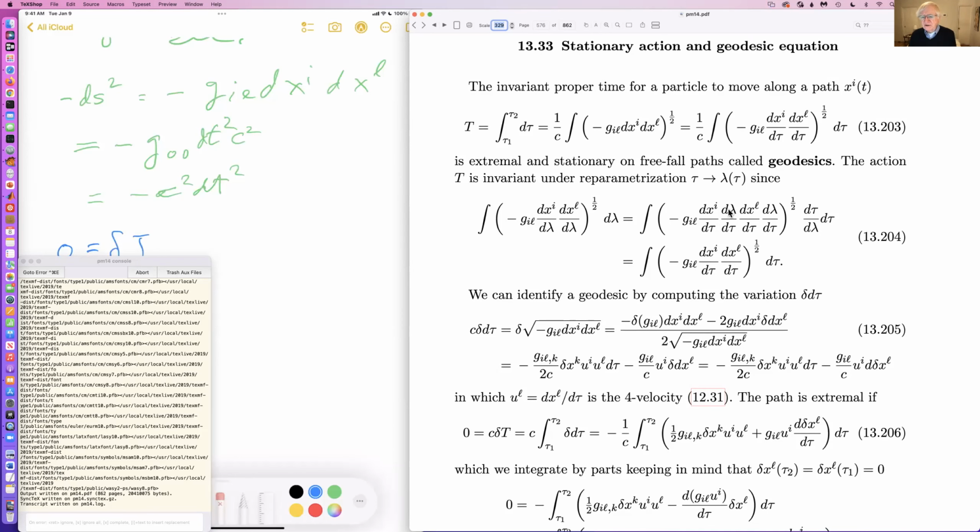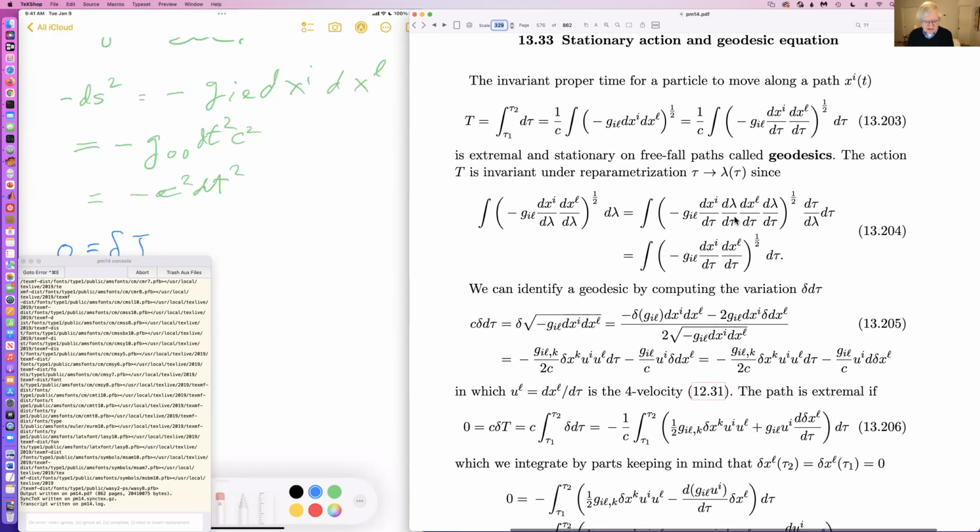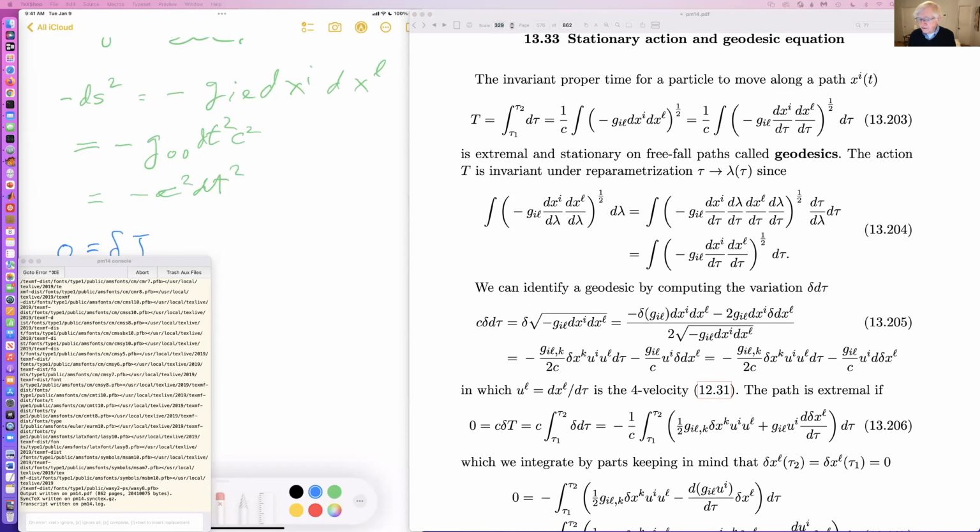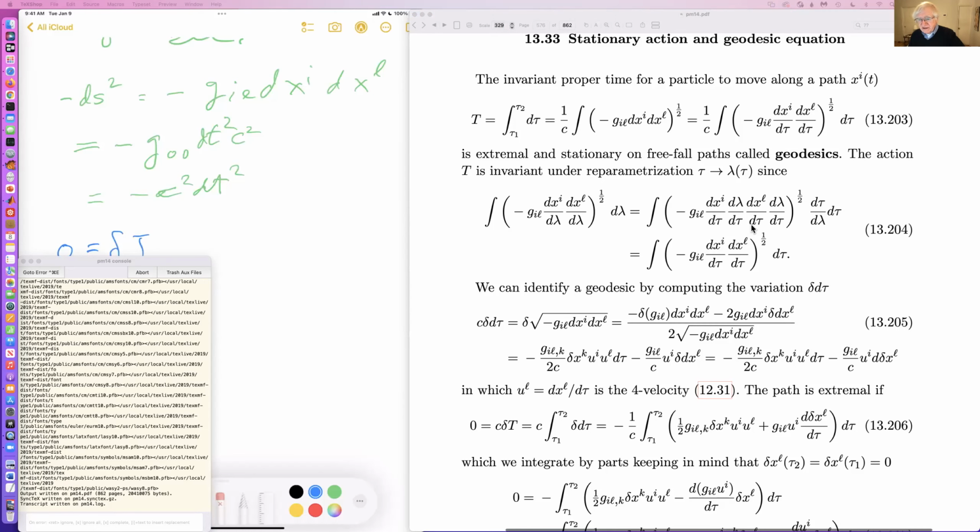Oh, this is backwards. I did this backwards. So let me fix this on the fly here. d/d lambda is d/d tau times d tau/d lambda, and not the reverse.